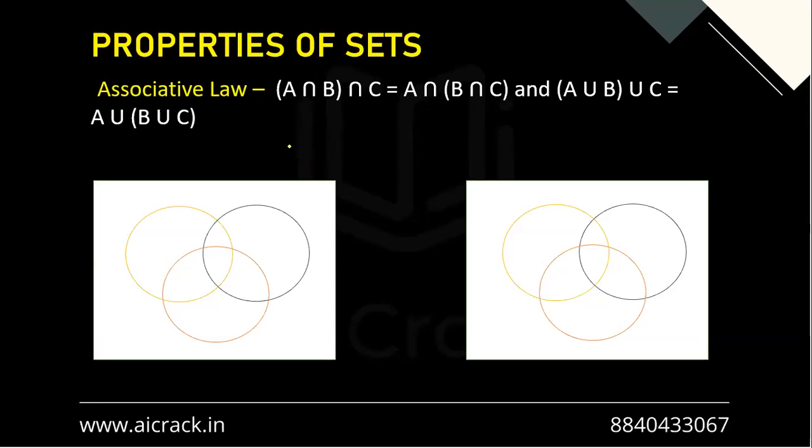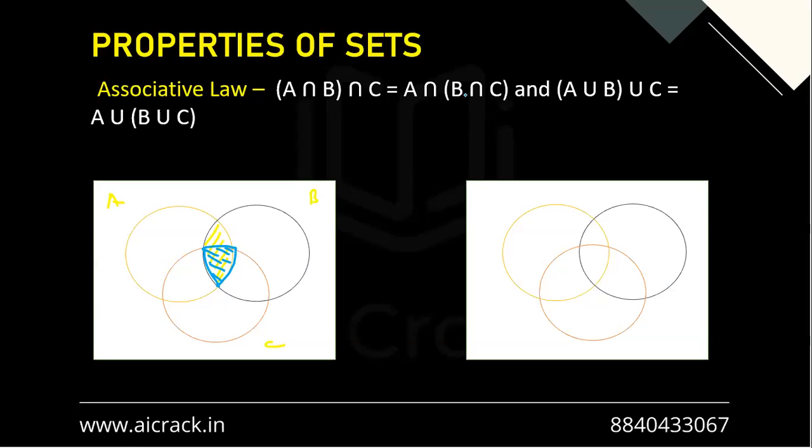Let's look at the proof once. Let's talk about A intersection B. Let's say this is A, this is B, and this is C. A intersection B first is this one. Now we have to intersect it with C. Let me change the color, and this region. So basically we got this region.